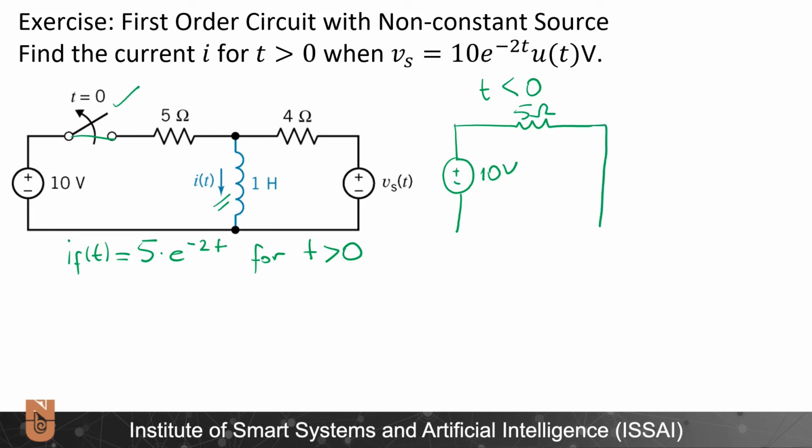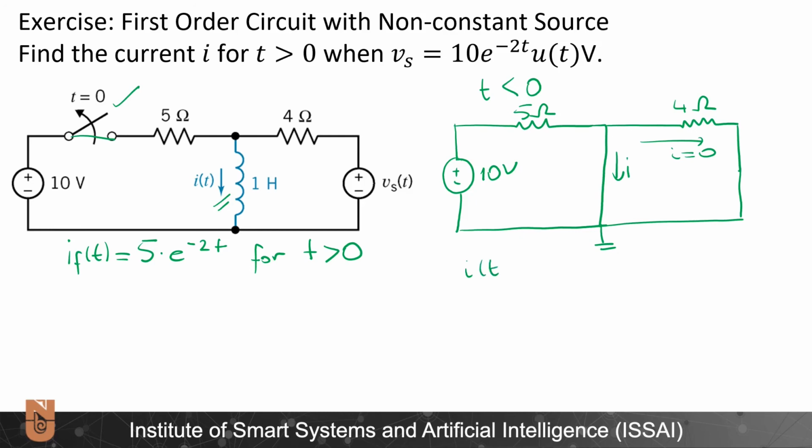And here a short circuit over which the i is flowing, because at steady state the inductor acts as a short circuit. And here a 4 ohm resistor, and the voltage source is still not active, so I can just assume that it's a short circuit. So no current will pass through this 4 ohms because it will all go through this short circuit. Accordingly, i(t) will be equal to 2 amperes when t is less than 0, and i(0) will be equal to 2 amperes since the current over an inductor cannot change instantaneously.